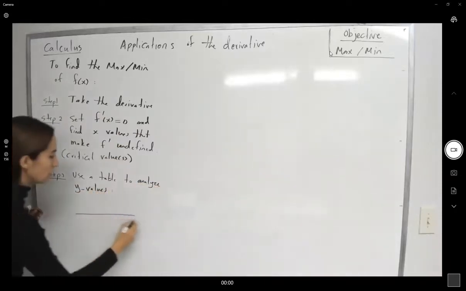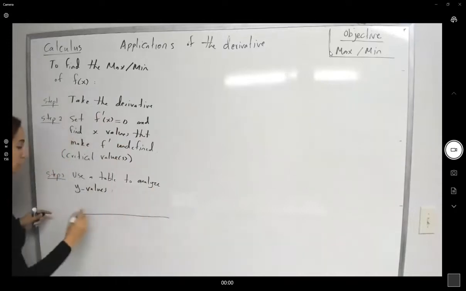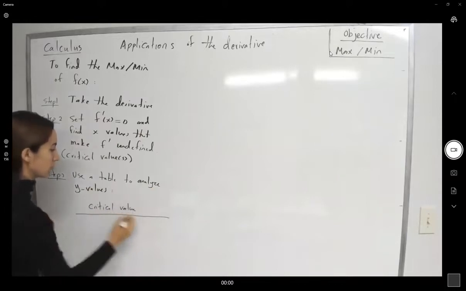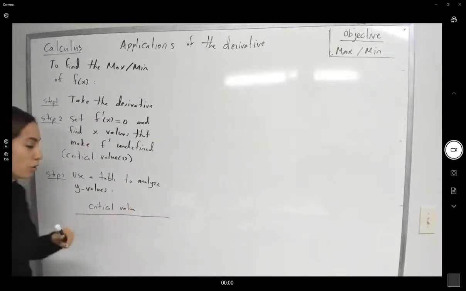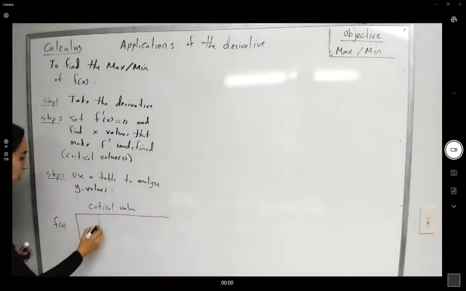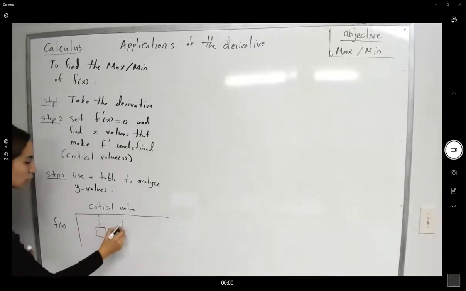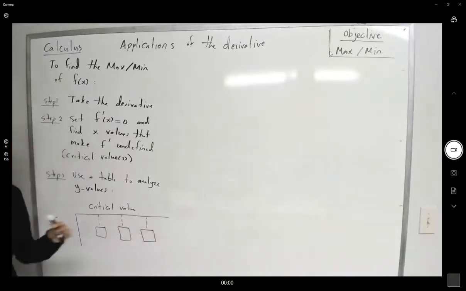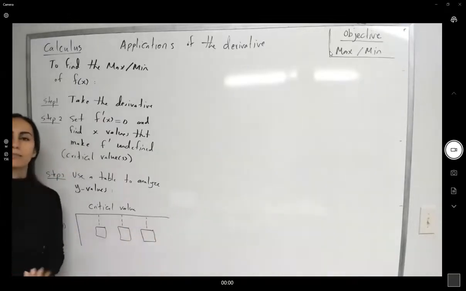So in that table, you have your x values, the critical values, as the very first row, and your column has the function itself. Then you end up with some y values.